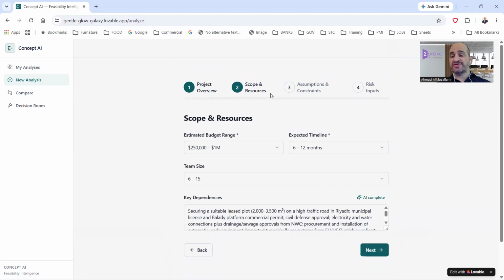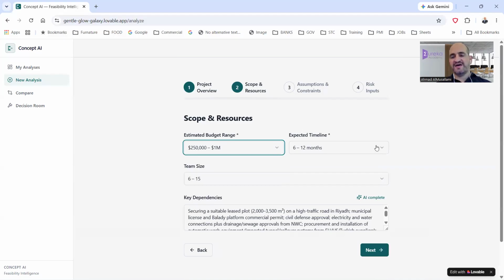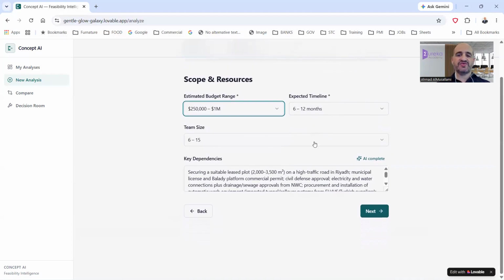Now we move to the scope and resources. In the scope, we have first the budgetary, let's say, cost of a quarter a million to 1 million, and it could be less, it could be more, but this was the estimation. Expected timeline 6 to 12 months.